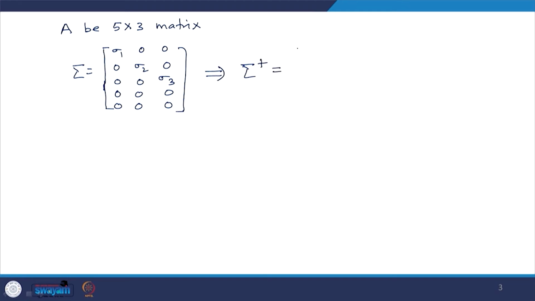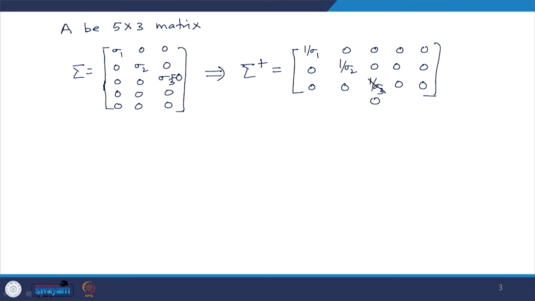That is sigma plus, it will become a 3 by 5 matrix, and the first entry will be 1 upon sigma 1, if sigma 1 is non-zero. Then 0, 1 upon sigma 2, 0, 0, 0, and 0, 0, 1 upon sigma 3, 0, 0. So, if sigma 3 is 0, let us say it is 0 here, in this case instead of 1 upon 0, I will simply write 0.